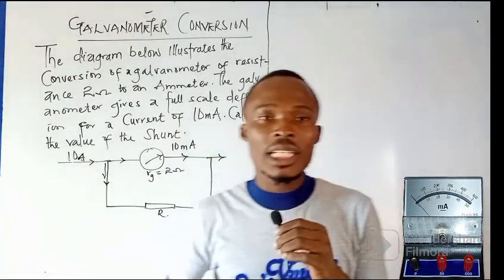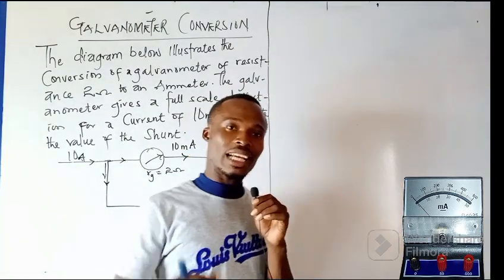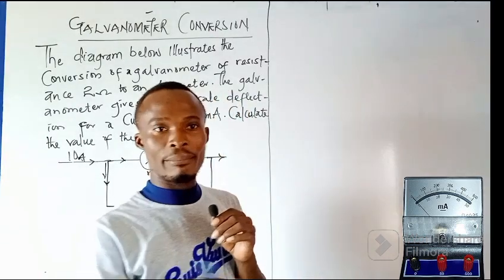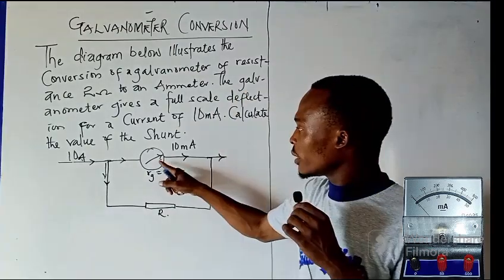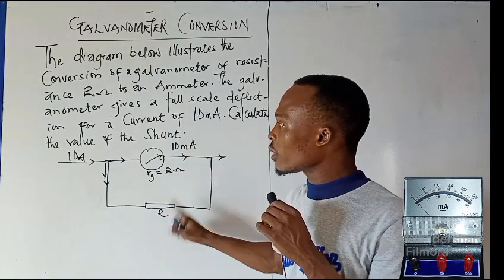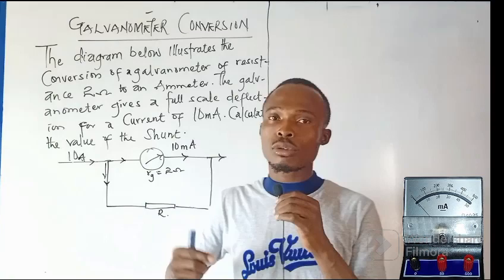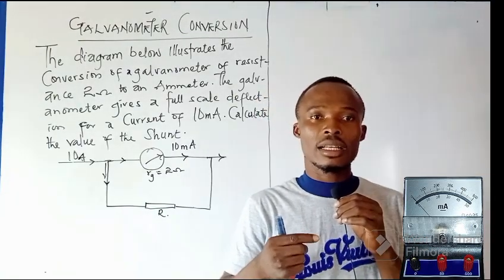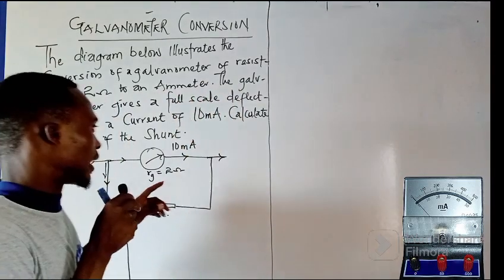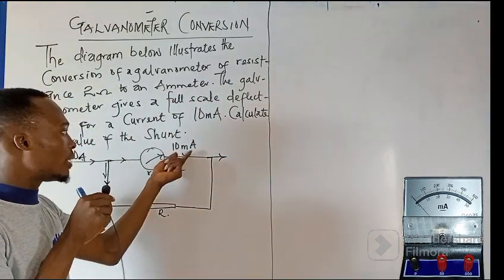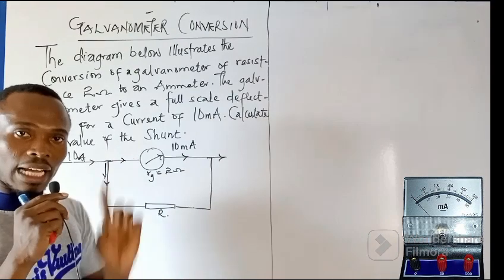So a galvanometer can only measure current in milliampere, while an ammeter can measure current in ampere. For a galvanometer to be capable of measuring 1 ampere, it has to measure that current 1,000 times, which tells us that 1,000 milliampere makes 1 ampere.